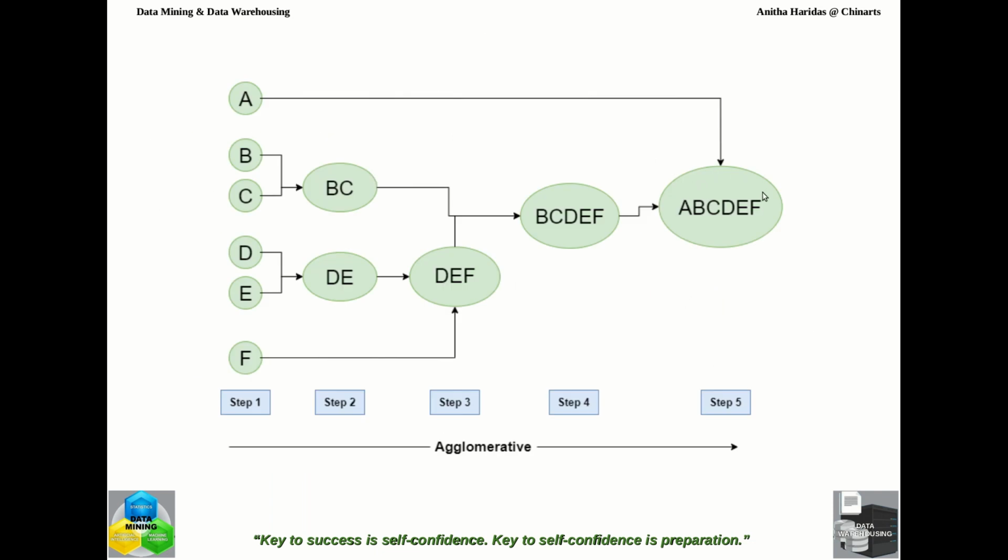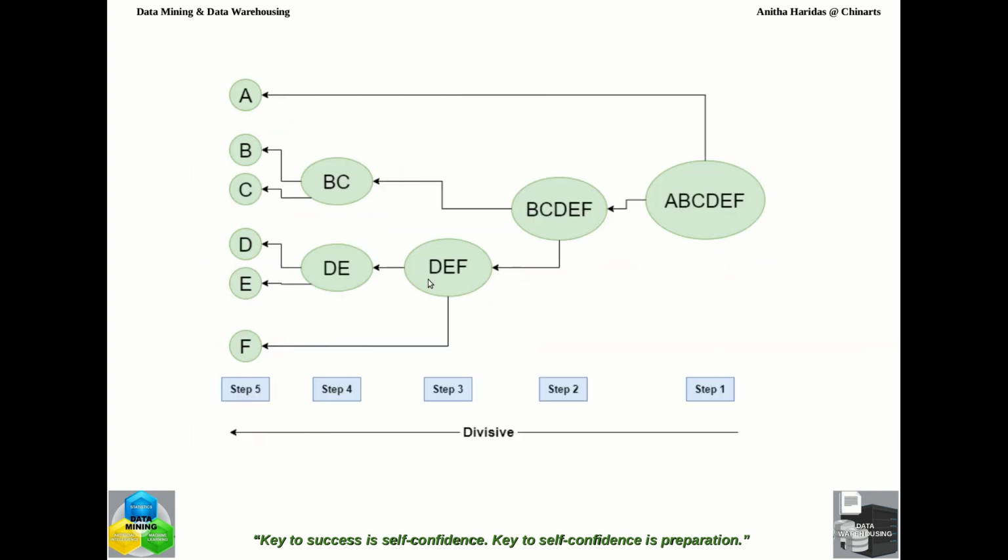So this is your entire data set, and this entire data set is now divided into A and B, C, D, E, F. Then again B, C, D, E, F is divided into B, C and D, E, F. Then again BC is divided into BC alone, DE is divided into DE alone, and DEF is divided into DEF.